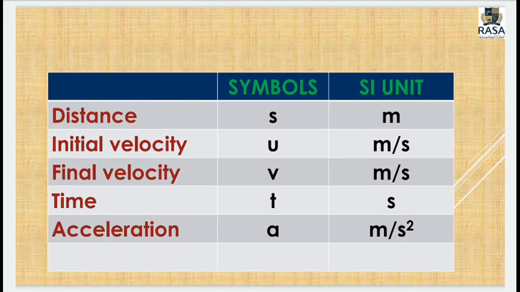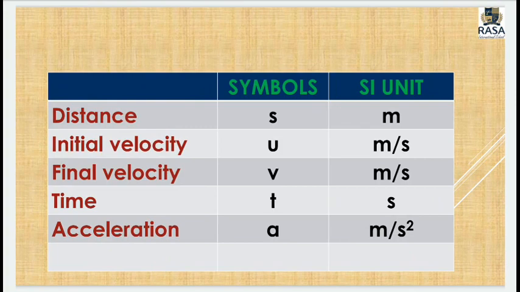There are some symbols of different quantities: distance is usually denoted as s, initial velocity u, final velocity v, time t, acceleration a. Their SI units are: distance meter, initial velocity meter per second, final velocity meter per second, time second, acceleration meter per second square.